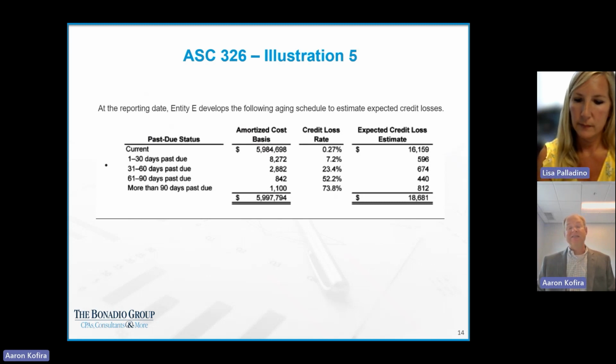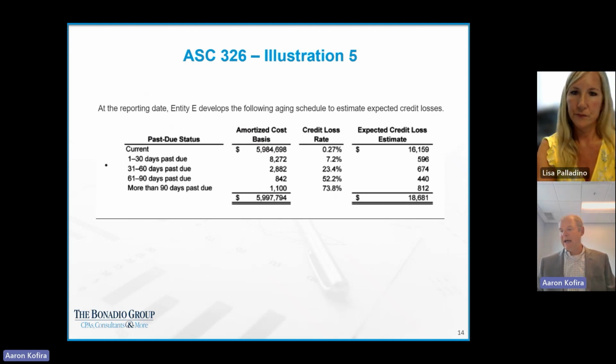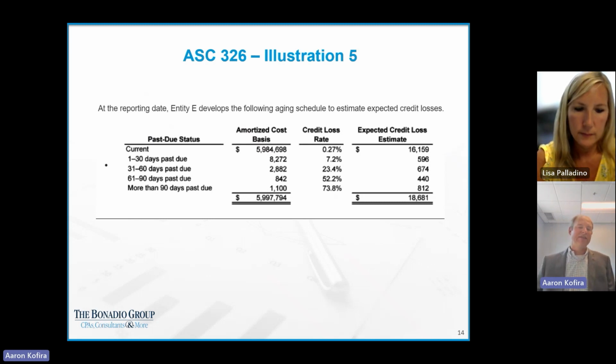This is an analysis that has to be done and revisited every reporting period. So you can't just do it on 1/1, not worry about it, issue financial statements all year, and then revisit it as of 12/31. The standard's not going to let you do that. You have to do it for each of the individual reporting periods every time.